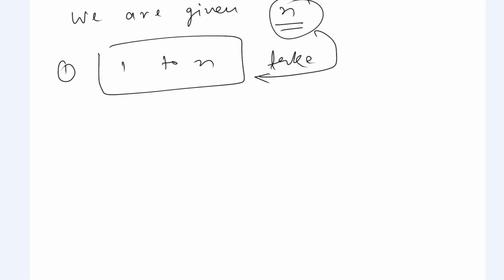Once we take 1 to n, we convert each to binary.